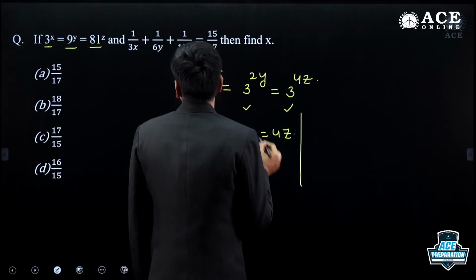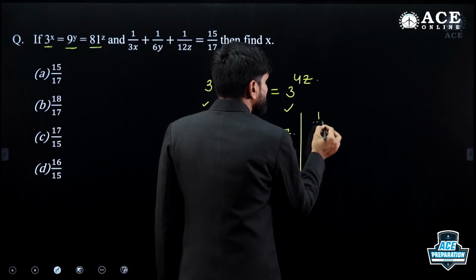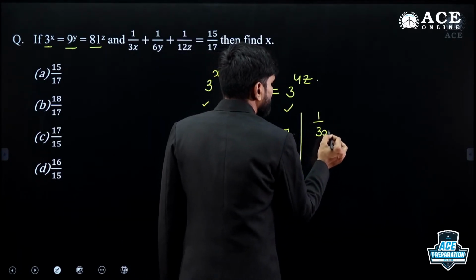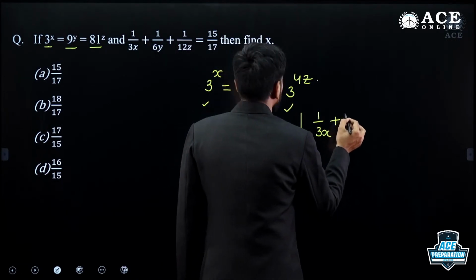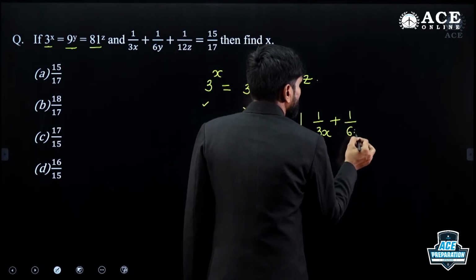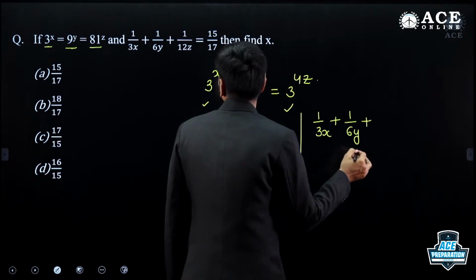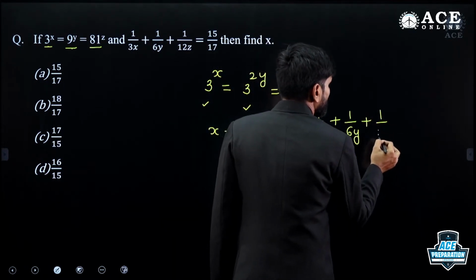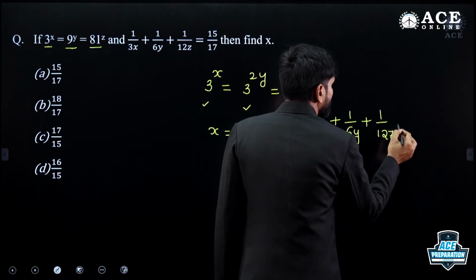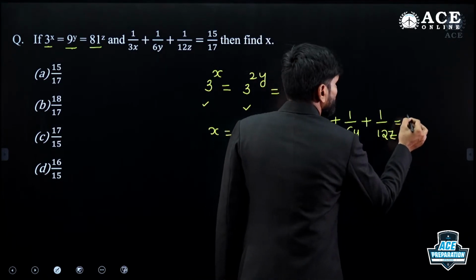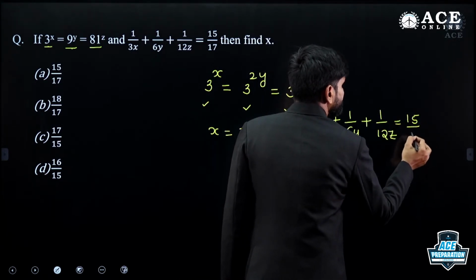What is being asked over here? What is the other relation that is given? So 1 by 3x plus 1 by 6y plus 1 by 12z is given as how much? Is equal to 15 by 17 they give.